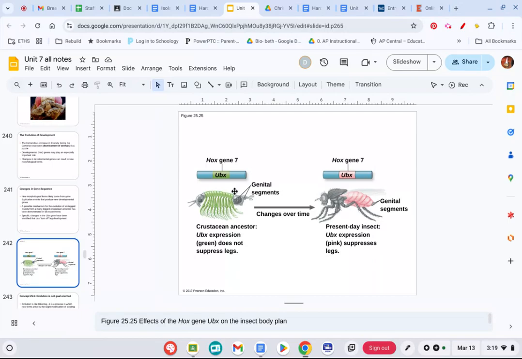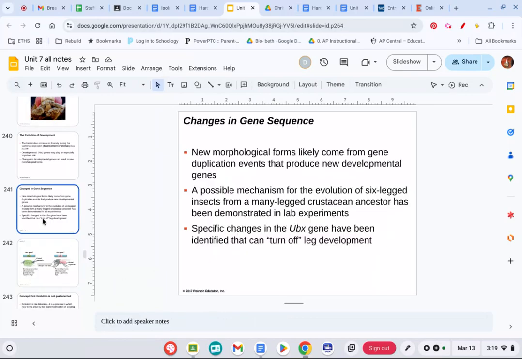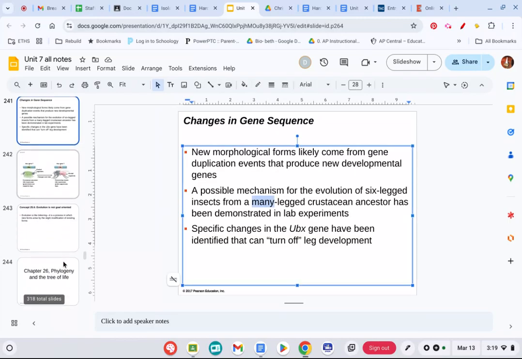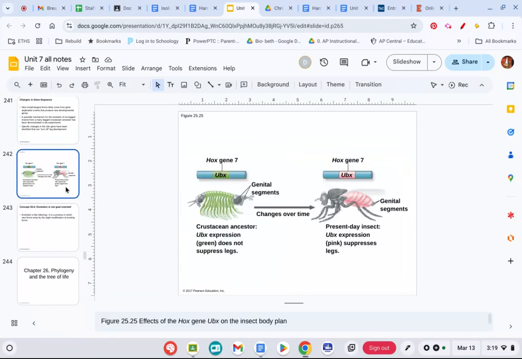And in the lab, they did find that you could turn off some of these genes and get the production of limbs that were more like the current day, having 6 pairs of limbs rather than, let's see, 1, 2, 3, 4, 5, 6, 7, 8, 9, 10, 11 lots and lots of pairs; they just call it many-legged crustaceans. So that could change the body plan, and if you get that dramatic change in body plan, it might be a disadvantage, but it could also be an advantageous adaptation.